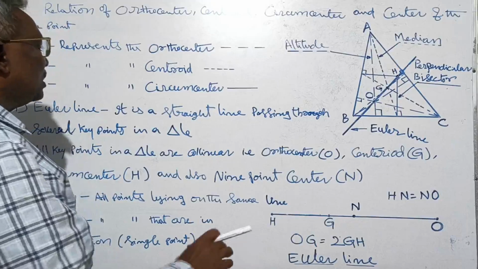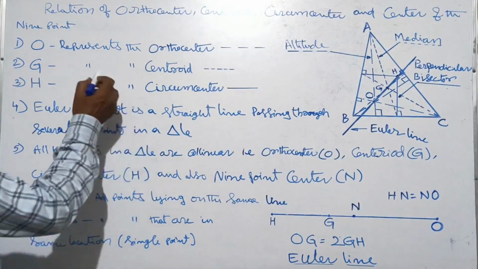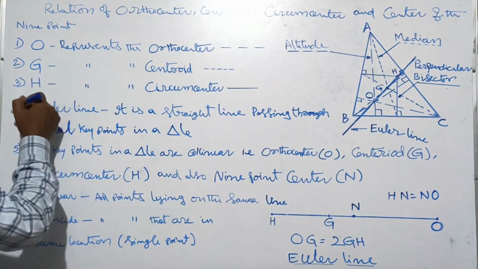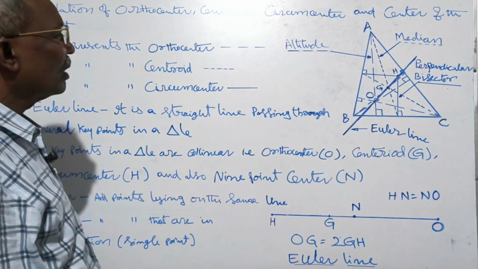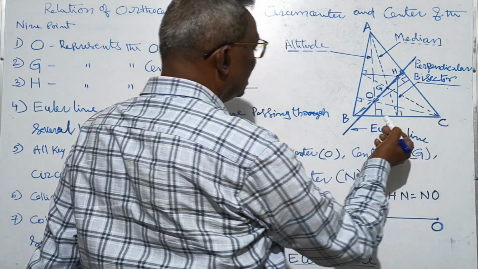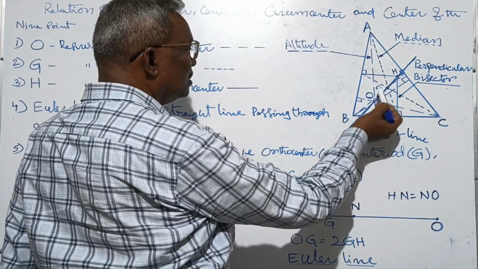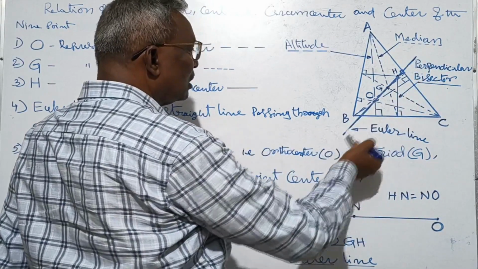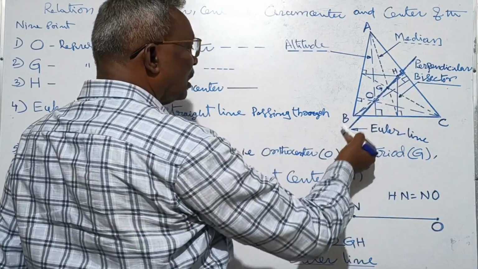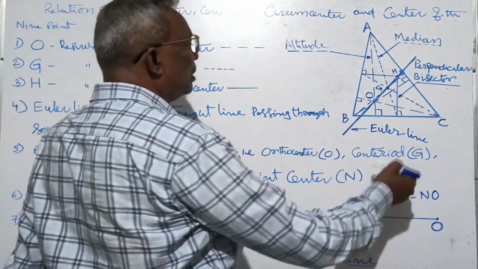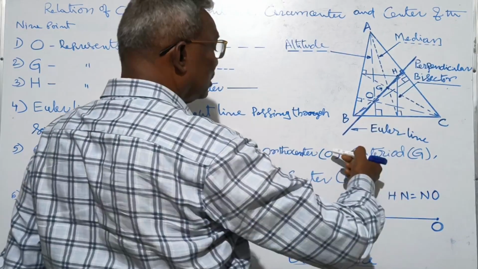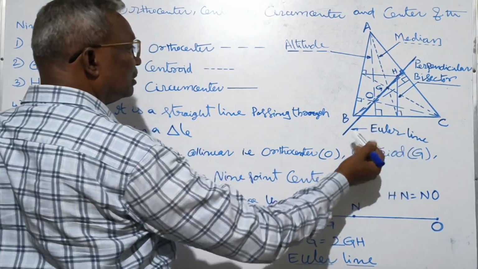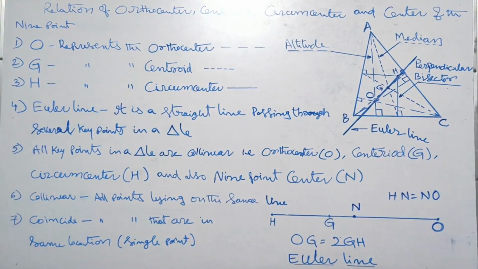But here already we have discussed in last classes orthocenter O, centroid G, circumcenter H. But its relation is this is orthocenter, this is centroid, this is circumcenter H. All are in one line. These 3 points, orthocenter, centroid and circumcenter, pass through one straight line. That line is called Euler line.